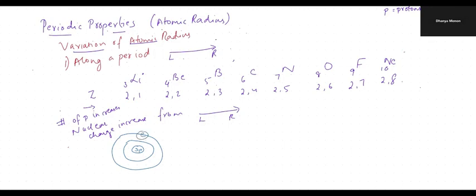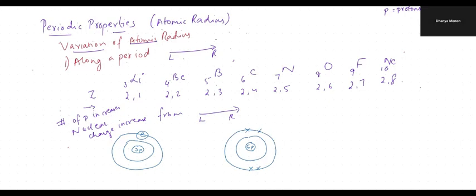So the proton's positive nucleus will attract the electron. As we move towards the right, maybe I'm coming across carbon. Carbon has 6 protons, which are attracting the 4 electrons. So the nuclear charge is increasing, right?